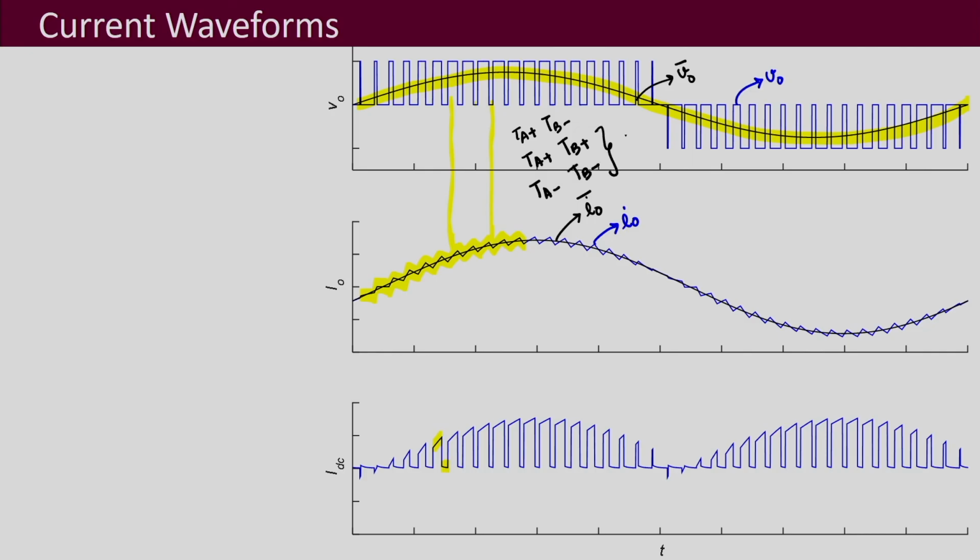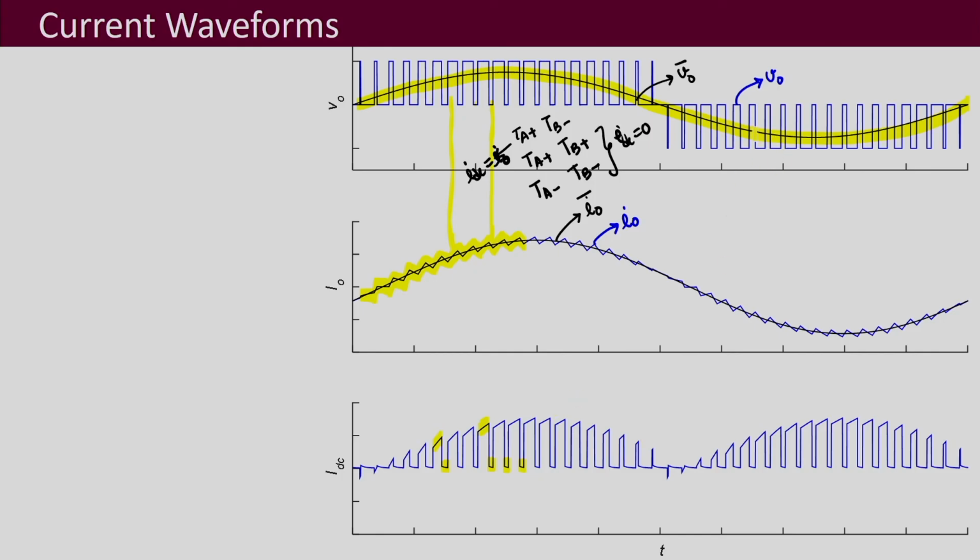For these last two combinations, IDC equals 0, whereas for the TA plus, TB minus combination, when the current is positive, IDC equals IO. So, IDC is switching between IO and 0.